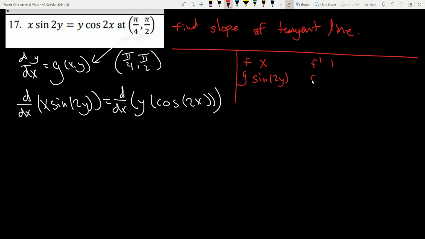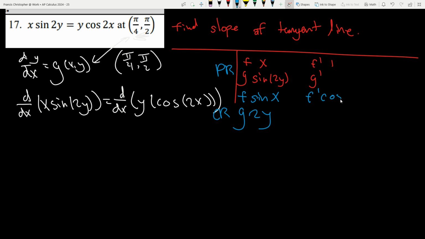F prime is 1. To find g prime, again we'll use our f and g tables. I'll use blue. So also to clarify, product rule, chain rule. So sine of x is our outer function, our inner function is 2y. Plug g into f and you'll see we get the same thing, so we know it's correct.